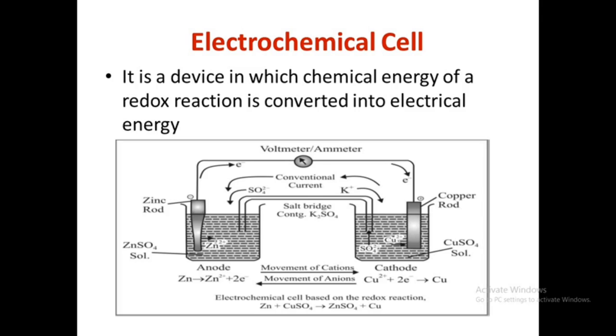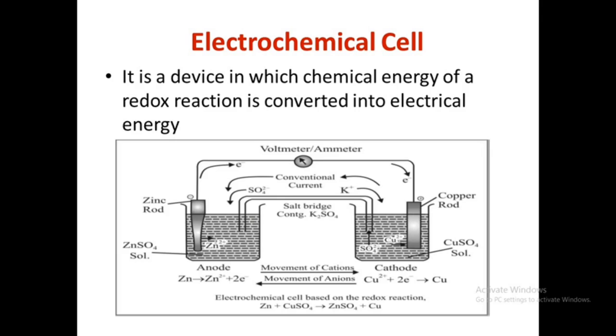So an electrochemical cell is that device which converts chemical energy of a redox reaction into electrical energy. This one is an example of an electrochemical cell, and this cell is known as the Daniell cell.